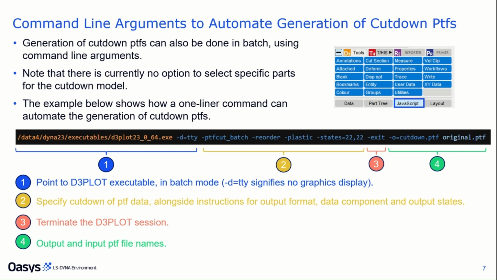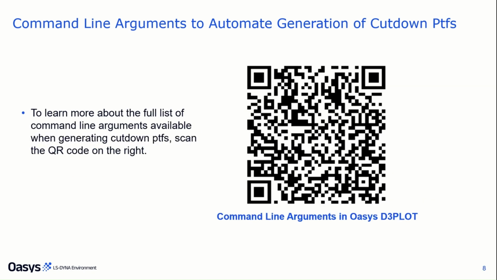The example below shows how, by quoting the D3plot executable, instructions for cutting down the model, the process to compress PTF files can be conducted in batch. Then, to learn more about the full list of command line arguments available when generating cutdown PTFs, or when using D3plot in batch mode in general, feel free to scan the QR code on this page.